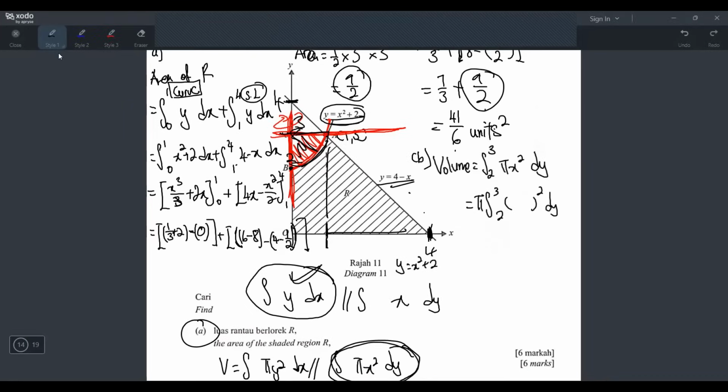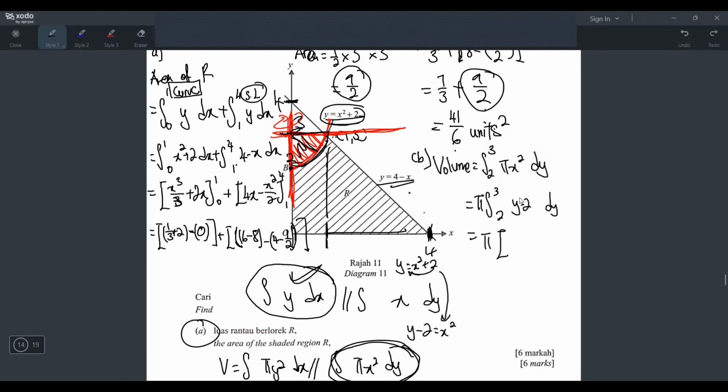Y minus 2 equals x squared, because the plus 2 moves over there. So the x squared is y minus 2. So now I can put y minus 2 here, but no need to square already, because this one is already x squared. If I square it, it becomes x power 4, which is wrong. It's just y minus 2.